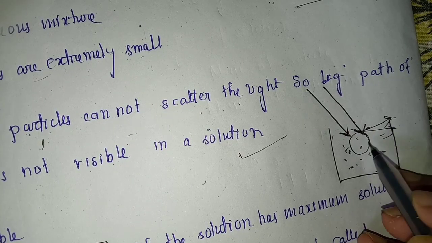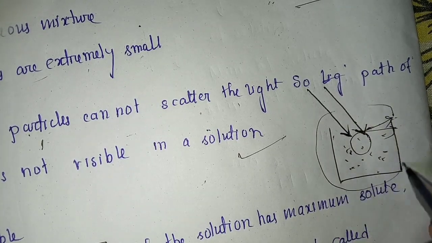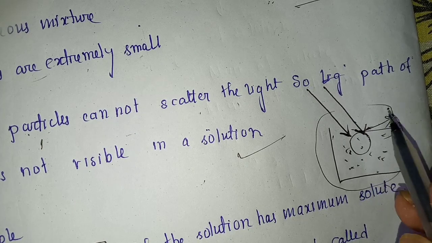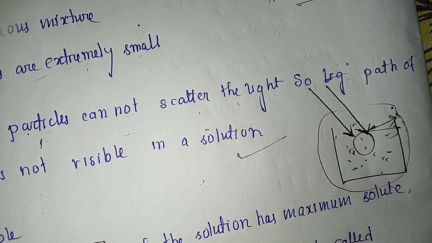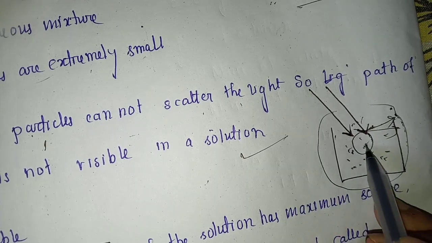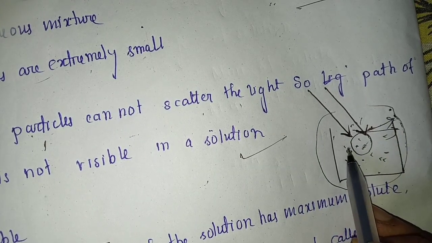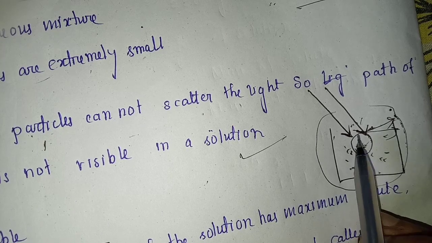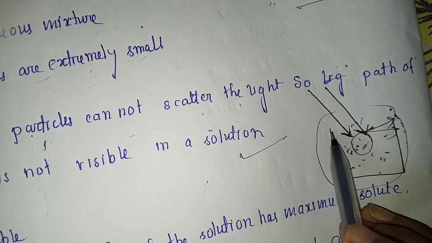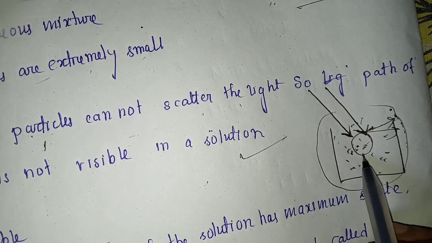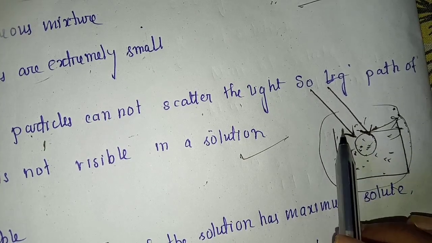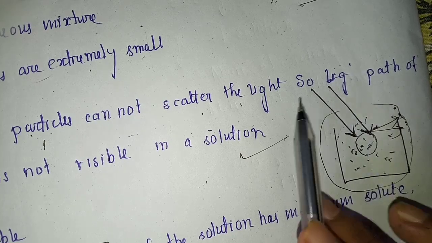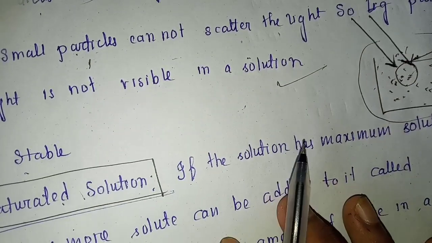So due to this scattering, the path of this deflected light would be visible if the size of the particle which scatters it is big. But this is not the case in a solution. Why? Because in a solution the particles present are extremely small, so they cannot scatter the beam of light. So the path of this light is not visible in the solution.